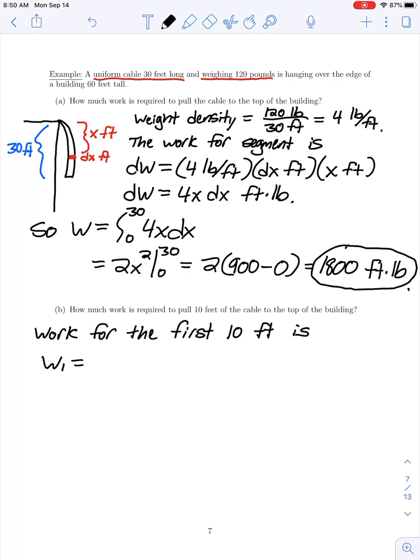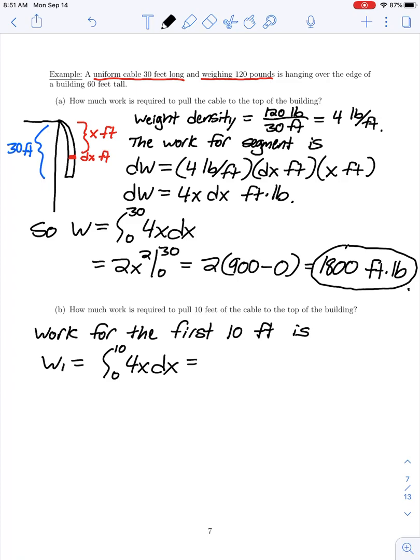And to get the first 10 feet of cable to the top of the building, I would be integrating my 4x dx, which is the work required for one little segment of rope of length dx feet taken at a distance of x feet from the top. And if we only want the first 10 feet of cable, we would be integrating from 0 to 10. That is from the section that is at the top of our building down to a distance of 10 feet from the top of the building.